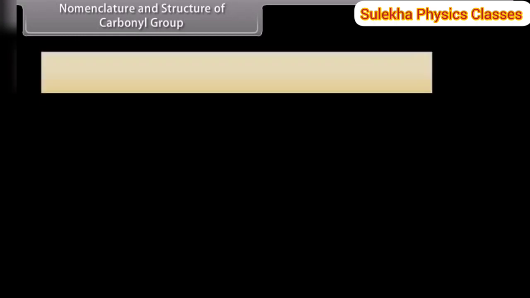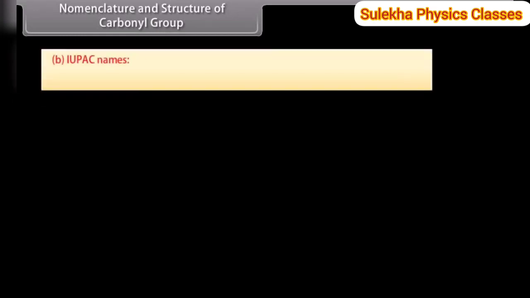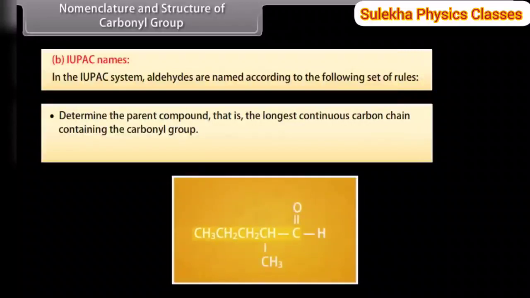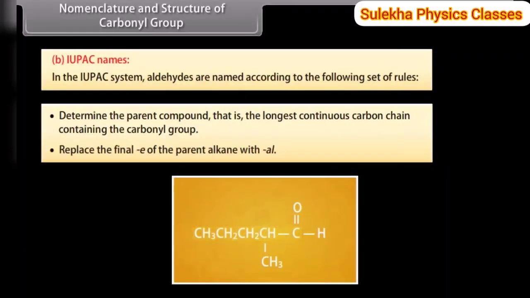Nomenclature and structure of carbonyl group. IUPAC names. In the IUPAC system, aldehydes are named according to the following set of rules. Determine the parent compound, that is, the longest continuous carbon chain containing the carbonyl group. Replace the final E of the parent alkane with AL.